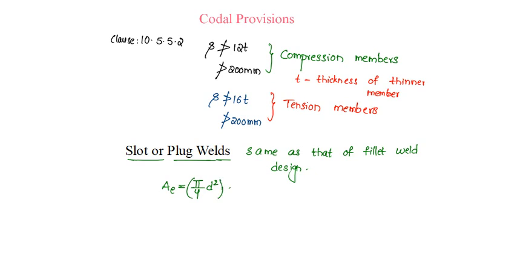So the design strength will be equal to area, that is pi by 4 d square, into stress, that is Fu of weld by root 3 into gamma mw. Root 3 is used since it is shear strength.